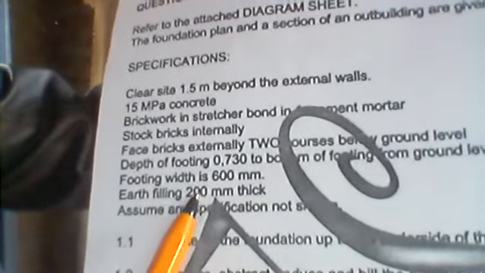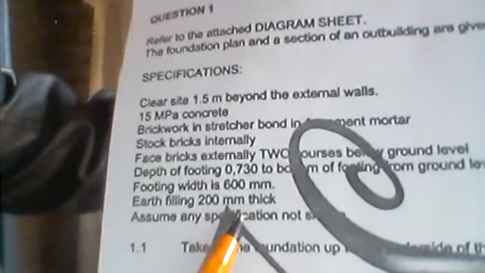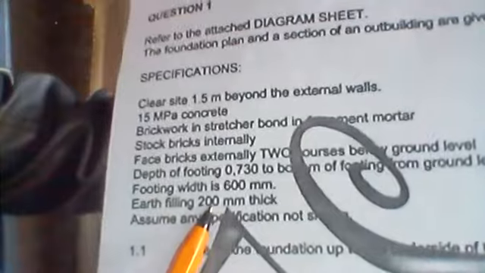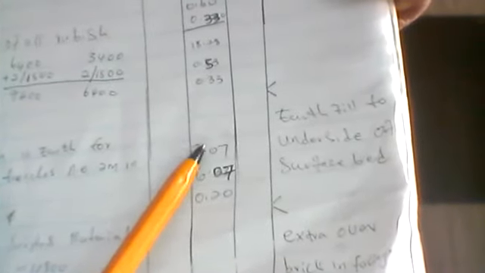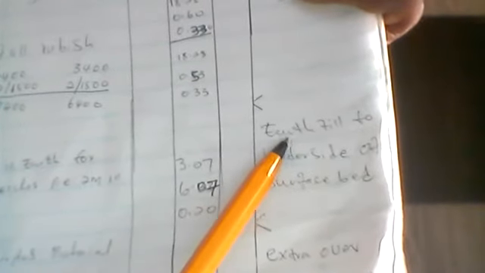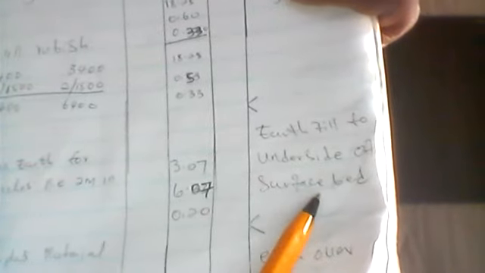The earth fill is 200 millimeter thick. And you write this statement: earth fill to the underside of the surface bed.